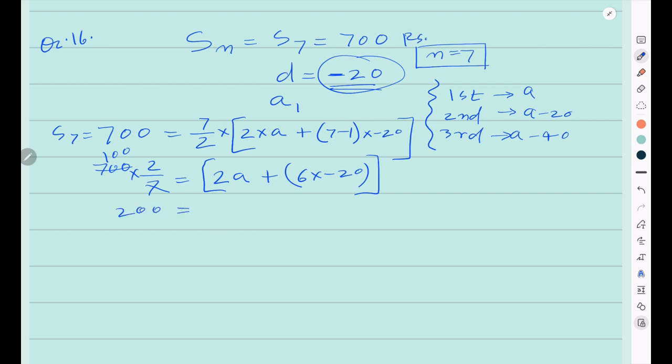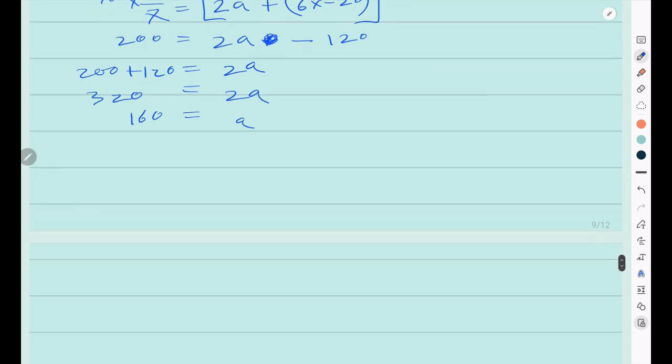So this is 200, and this is 2A, and basically it will be minus 120. So 2 times A will be 200 plus 120, that is 320, which will be equal to 2A. So A will be 160. So the first prize will be 160.